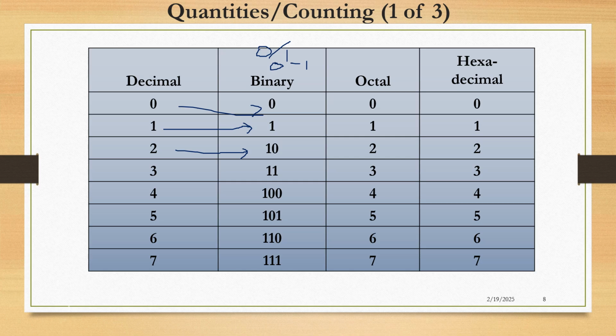So how do we represent 2? We extend one more position, and after 1, the next combination is 1 0. After 1 0, the next is 1 1. After 1 1, it is 1 0 0.